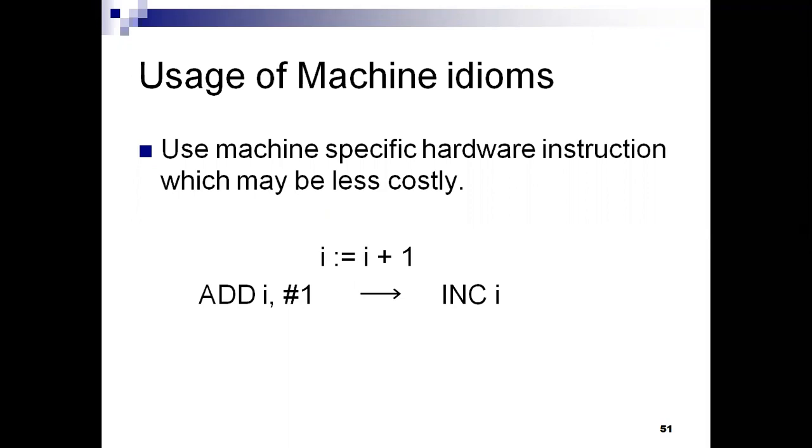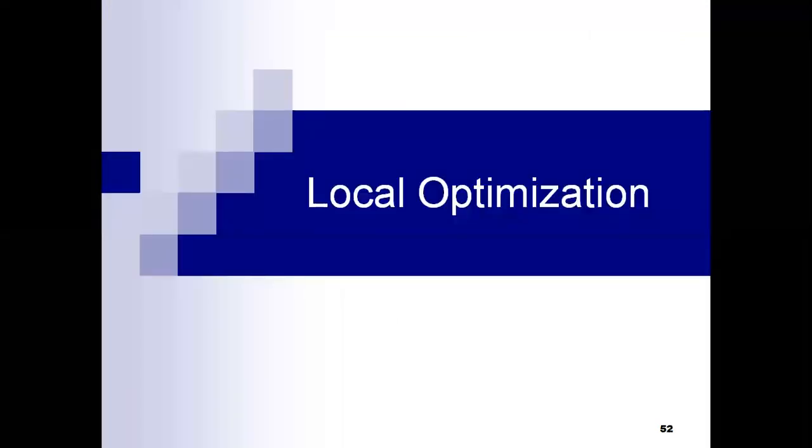In the place of add I am replacing it by the auto increment. If you have sub, in the place of sub you can replace it by the auto decrement, decrement I, like that, right? And this is about machine idioms, where by using these machine idioms we can use machine specific hardware instructions which may be less costly. And this is up to the peephole optimization.